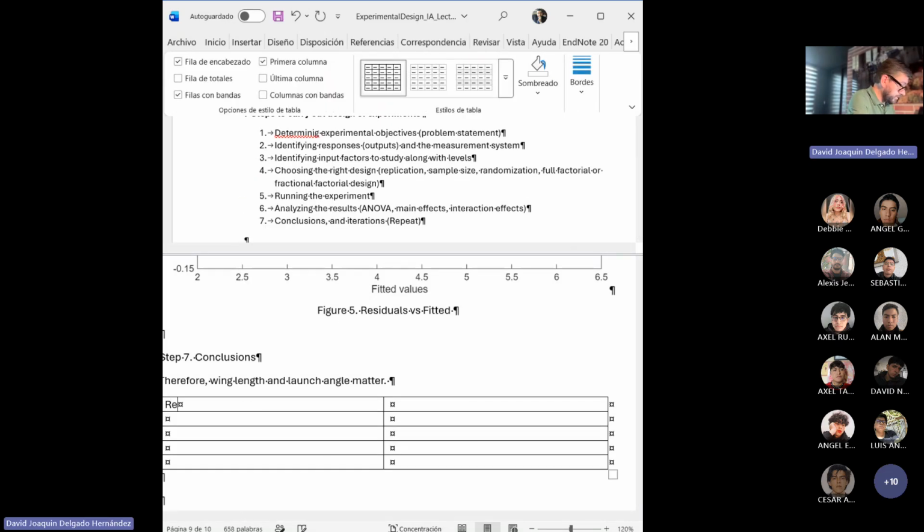So in the results and the interpretation. So in terms of the significant wing factor, that means that the wing size strongly affects flight.